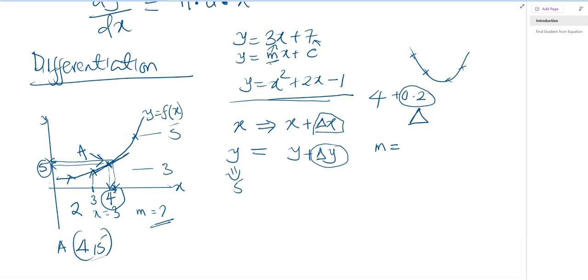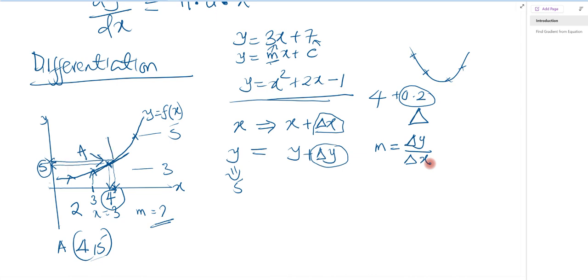Gradient is the change in y over the change in x. So if I can find the change in y divided by the change in x, that must give me the gradient of this curve for this small distance from here up to here. Of course it gives me 2 points.